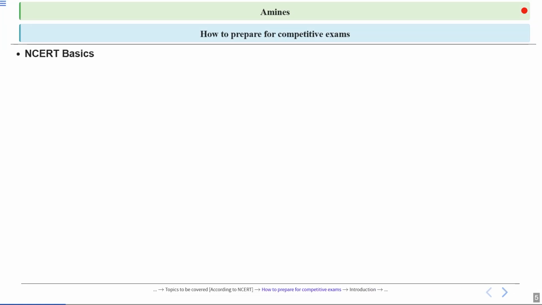So before starting with the chapter, first let us see how you can prepare this chapter for competitive exams. So first is NCERT basics. You have to focus on the basics first. You have to thoroughly study NCERT for fundamental concepts and reactions.